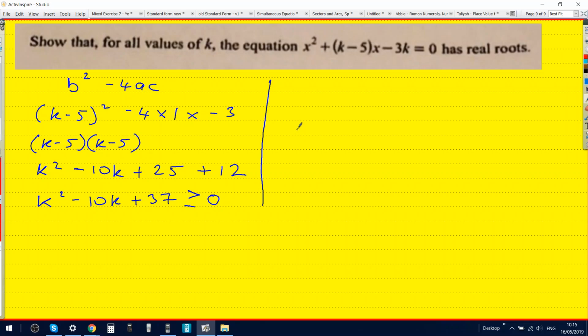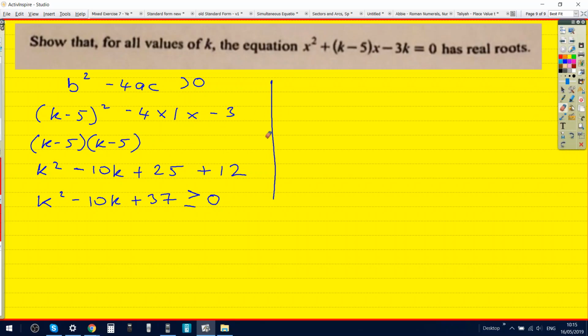We've done this absolutely the right way. If it has real roots, then it's greater than or equal to b squared minus 4ac. Let's just say it's greater than 0. So that must be greater than 0. So there's another way to show this.